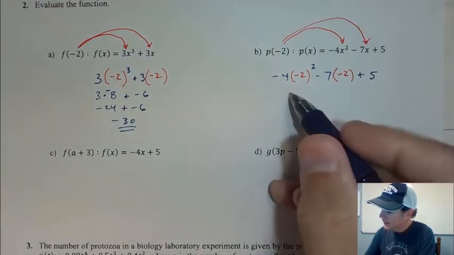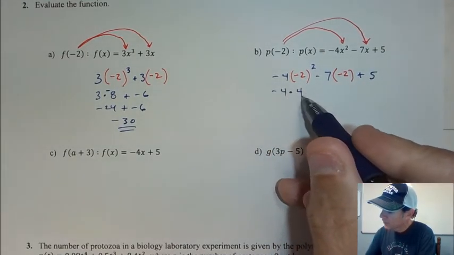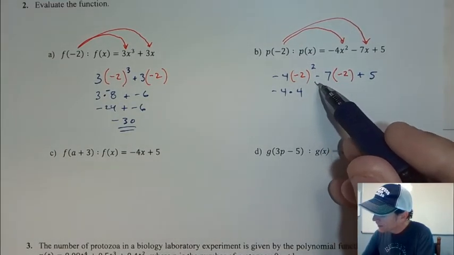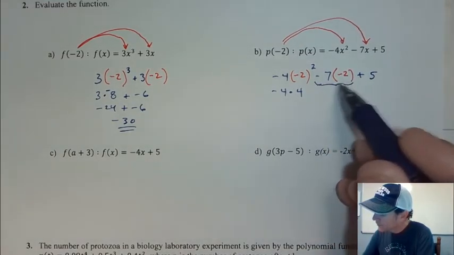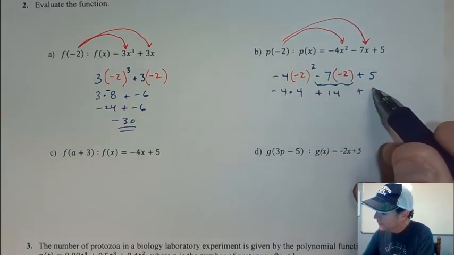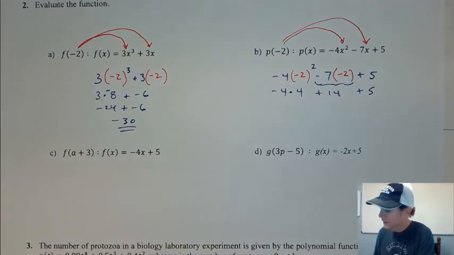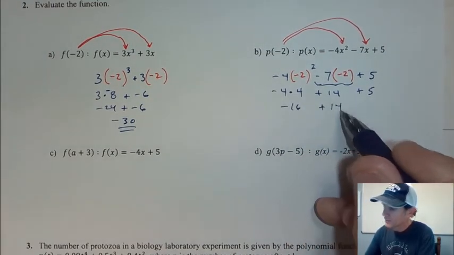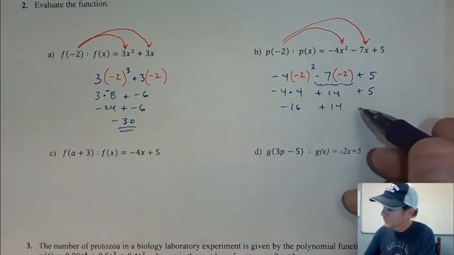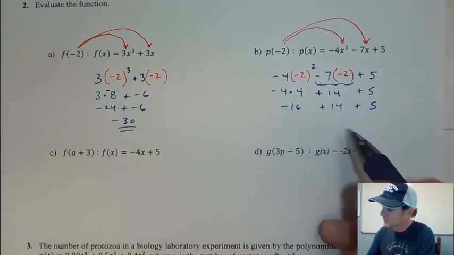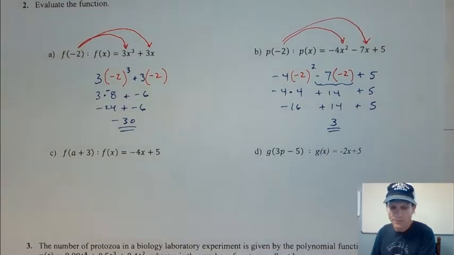So here I get -4 times 4. I want to focus in and capture that negative sign there. We're going to take care of this multiplication. It's +14. There's slightly different ways to do it, but that helps me keep my signs organized. So I have -16 plus 14 plus 5. This is -2, so I end up getting 3.